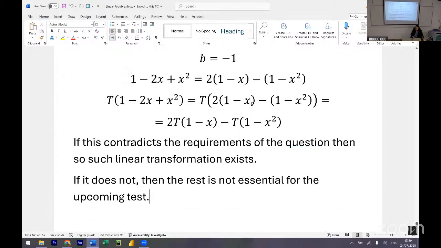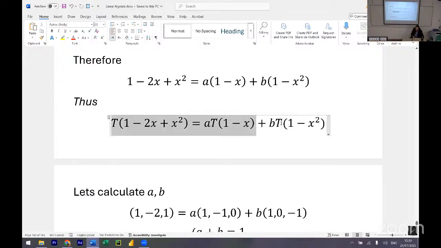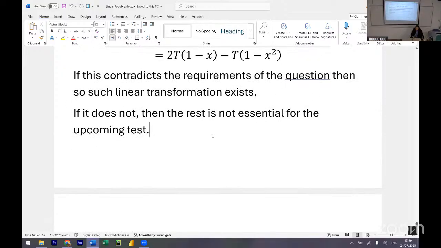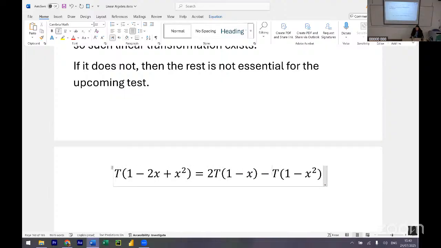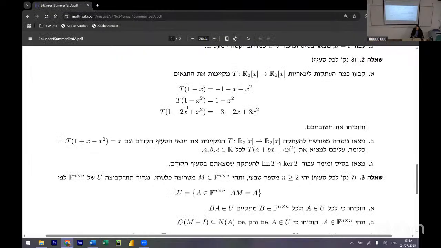So I'll just copy this equation, and I'll fill out the data from the requirements above. So first of all, A is 2, B is minus 1. And now, what is the first thing? This is minus 3 minus 2x plus 3x squared.